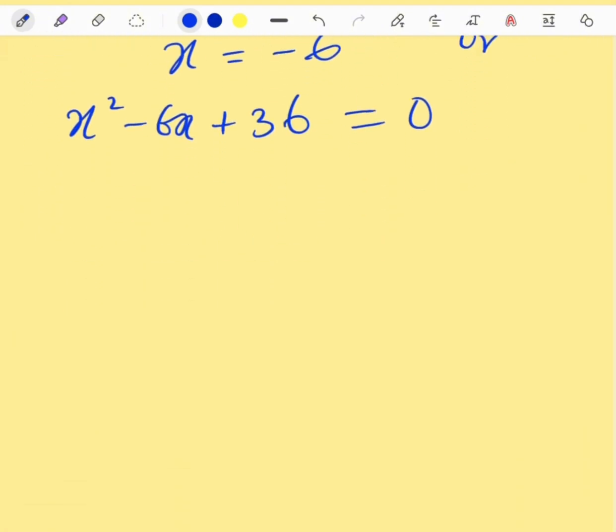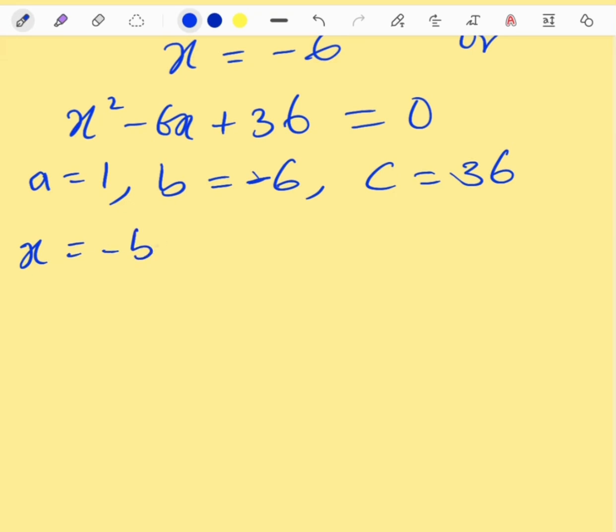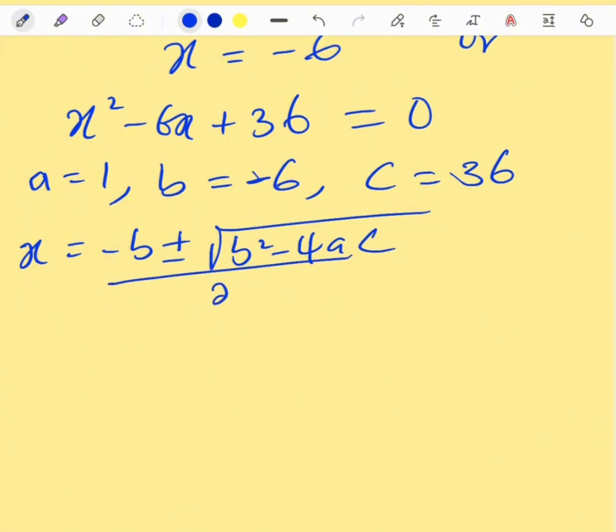So this is another quadratic equation where a is 1, b is minus 6, then c is equal to 36. Using x equal to minus b plus or minus square root of b squared minus 4ac all over 2a, we shall have that x will now be minus b.